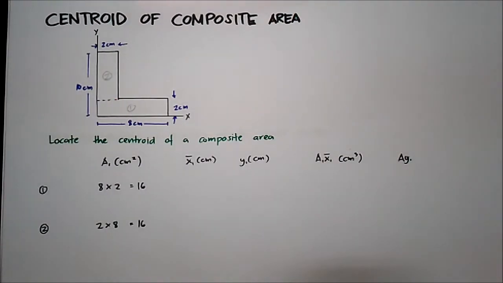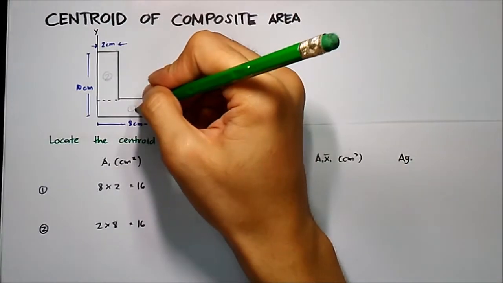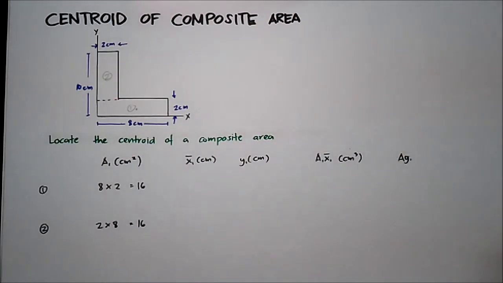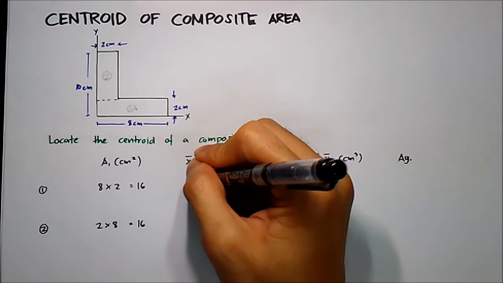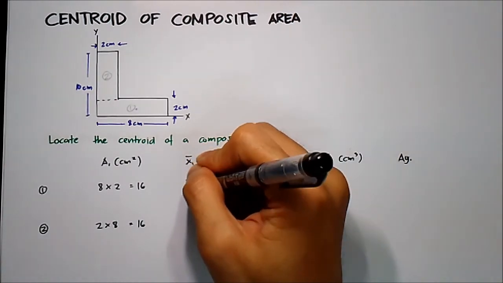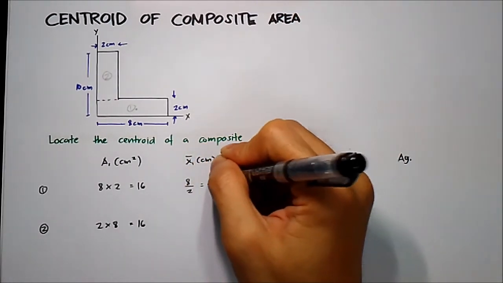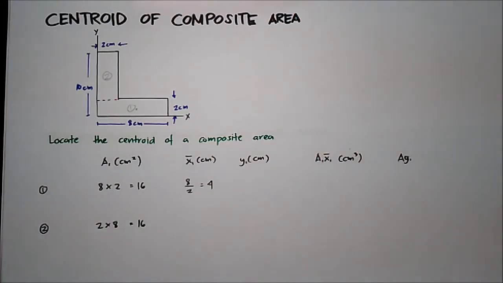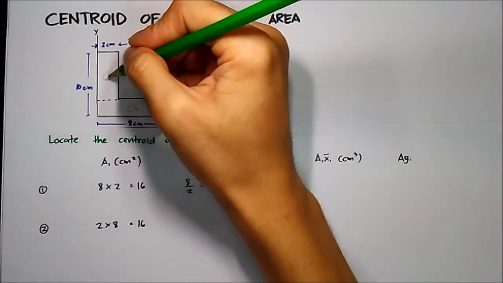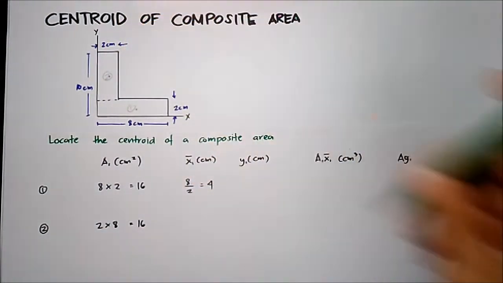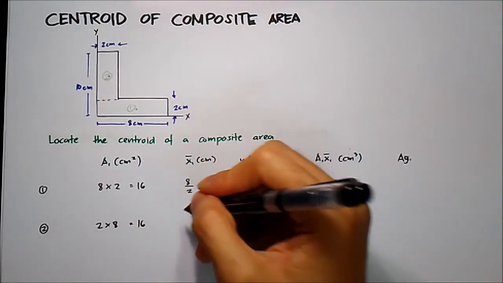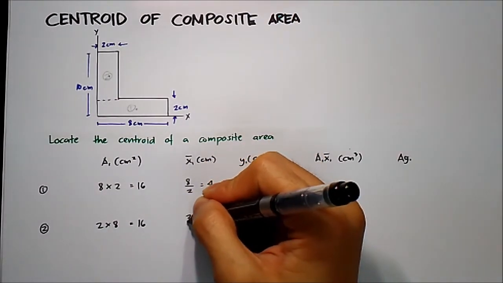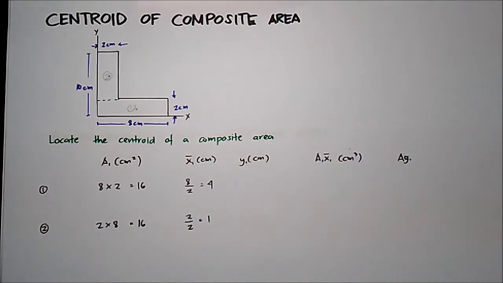The centroid of the first rectangle is located at the center, which is 8 over 2. The centroid of the second rectangle is located at its center, which is 2 over 2 equal to 1.